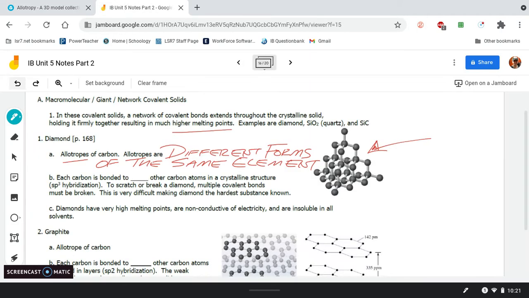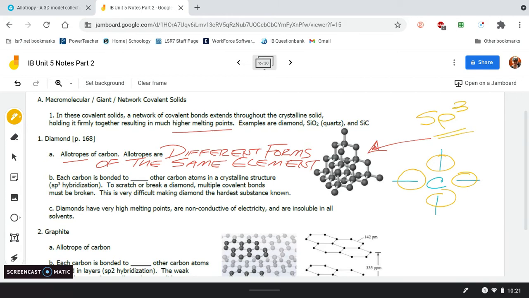Every carbon in the diamond is connected to 4 other carbons, so we can predict the hybridization. It'd be 1, 2, 3, 4 bonds. So that becomes sp3 hybrid.